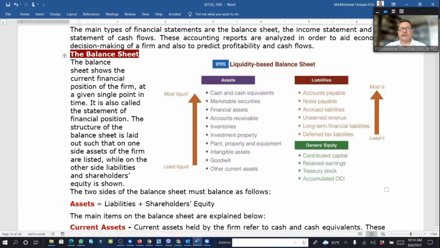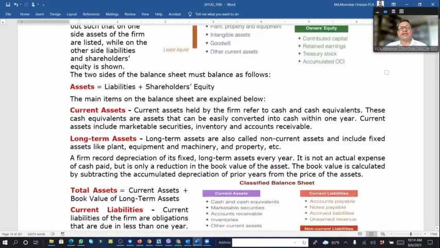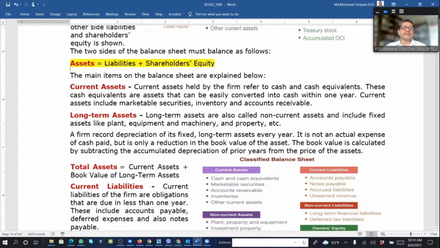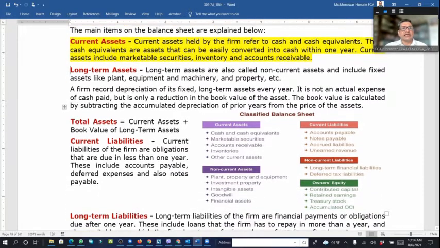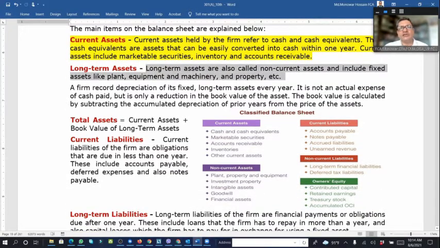Owner's equity, same way. So here, as per the accounting equation, assets equal total liabilities plus stockholders' equity. And what is a current asset? Current assets held by the firm refer to cash equivalents. All inventories, all receivables, etc. are part of the current assets. Long-term assets are the harder ones.